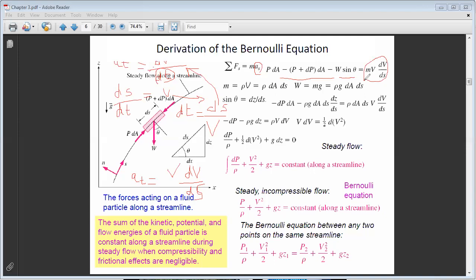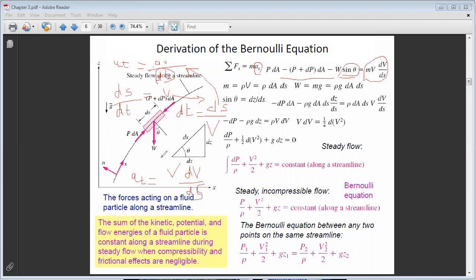And now, in the next step, if you look at your figure, sine theta represents what? If I look at this triangle, as we said, theta is the angle of the slope of the line. So from this figure I can just say that sine theta is dz over ds.